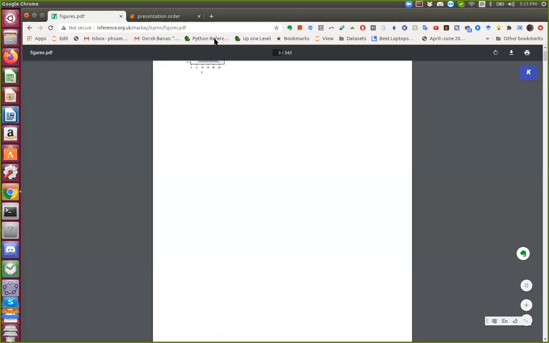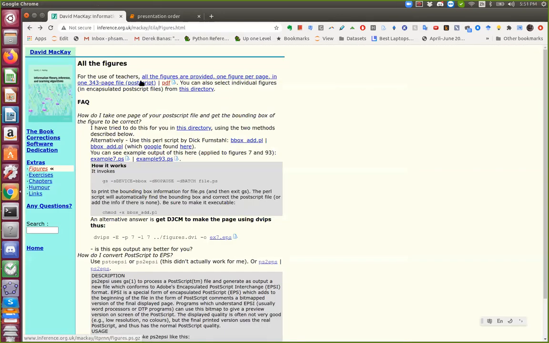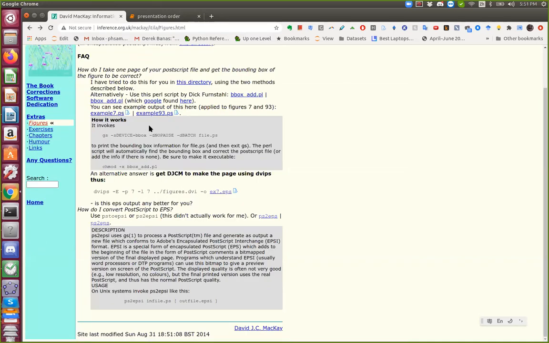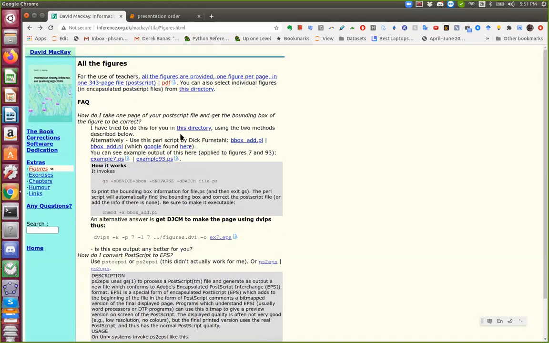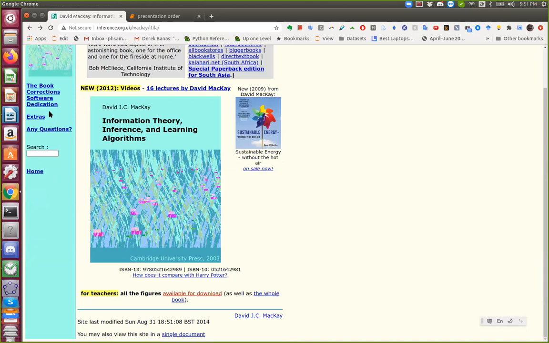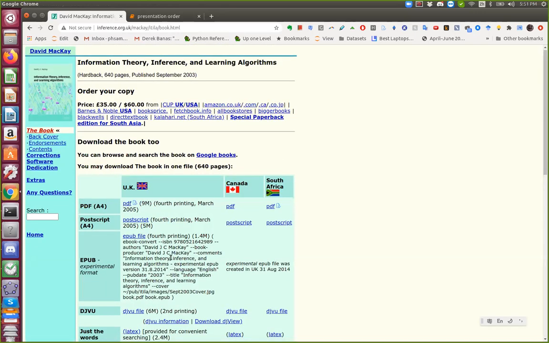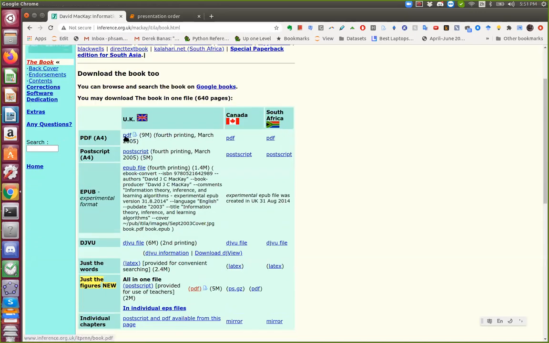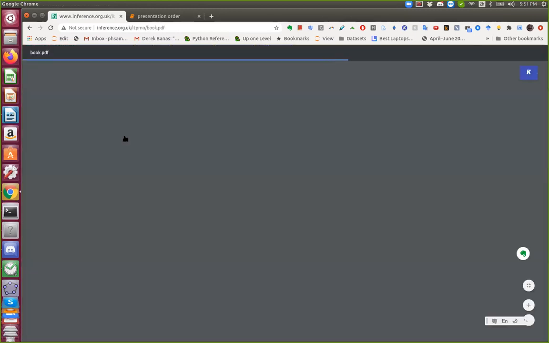This is only the figures. Yeah, this one is the whole book.